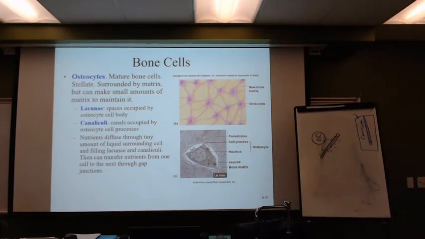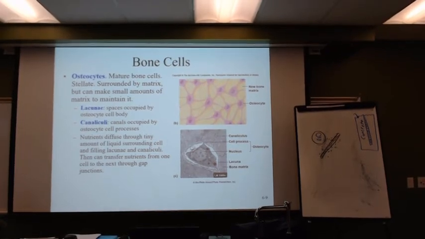But what they're showing in this representation are those osteoblasts that have laid down the matrix and are now stuck in the matrix, which means they are now an osteocyte.